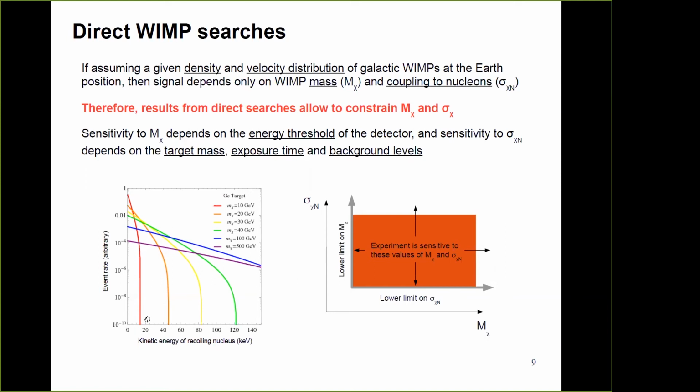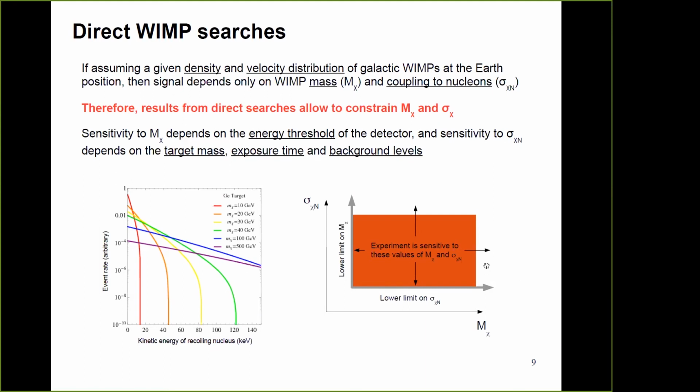Because lighter dark matter particles give a weaker or softer spectrum, the energy threshold gives a limit on the mass. And the target mass, the exposure time, and the background levels, which give you the quantity of events that you can see, set limits on the coupling.